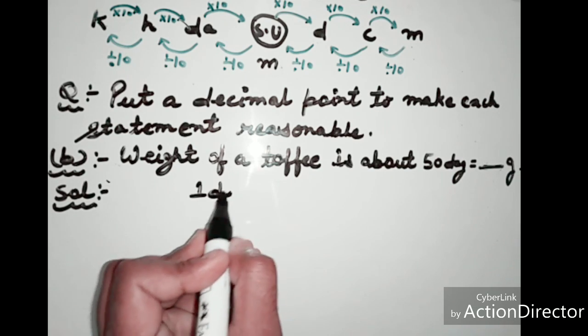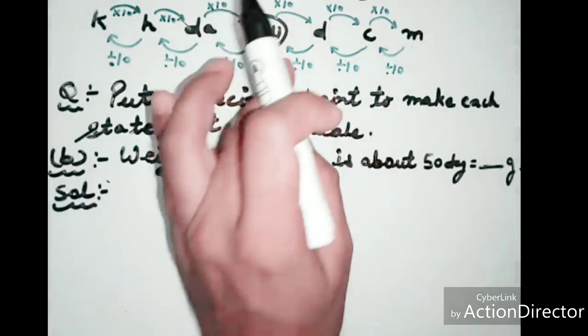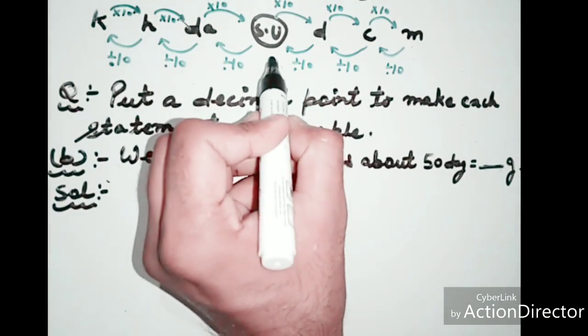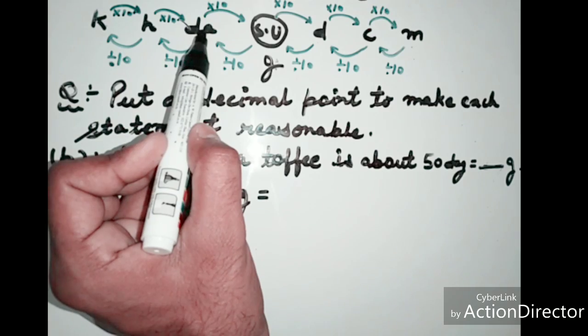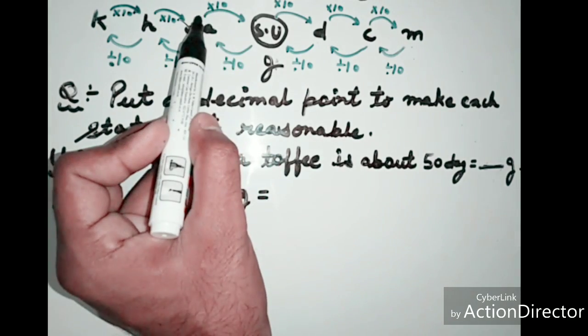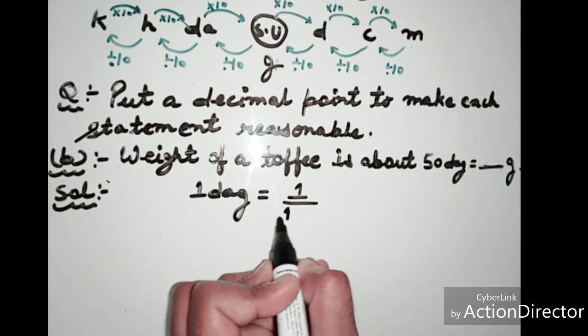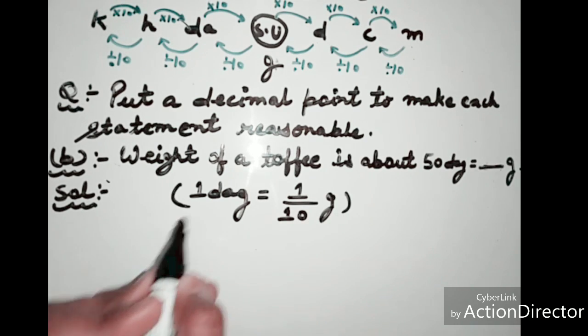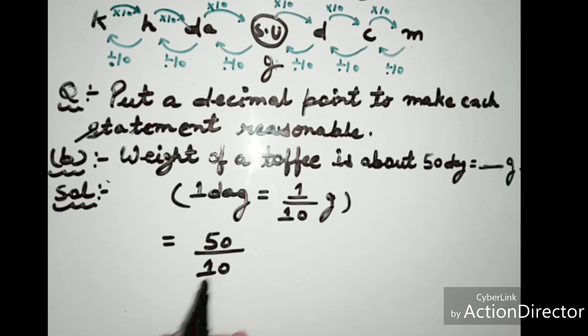So 1 decagram equal to, decagram is here and here we take standard unit gram. It moves one place to the right hand side, so we write 1 upon 10 gram. Now we divide 50 decagram by 10. 0 cancels out by 0 and we get 5 gram.